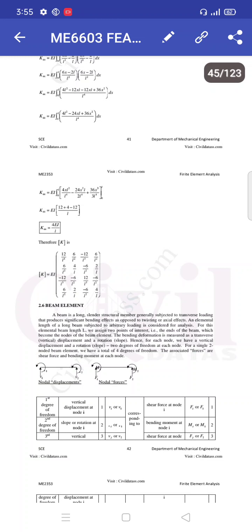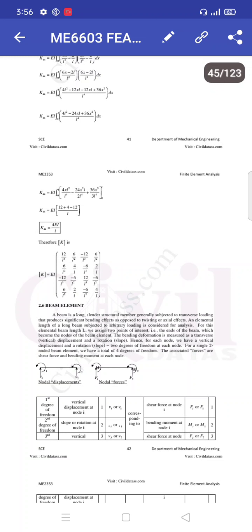Then the beam element. A beam is a long slender structural member generally subjected to transverse loading that produces significant bending effects as opposed to twisting or axial effects. An elemental length of a long beam subjected to arbitrary loading is considered for analysis.